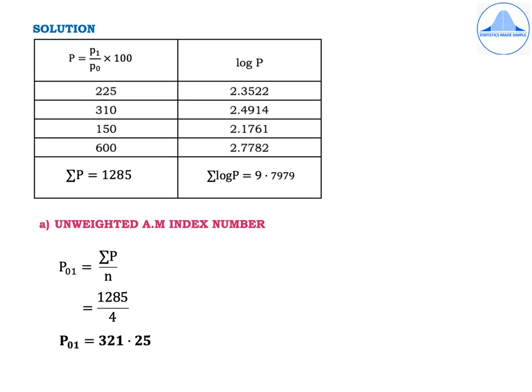So let's start with the first subdivision, that is unweighted arithmetic mean index number. Write the formula P01 equal to summation P divided by small n, which is 1285 divided by 4, and you get P01 as 321.25.